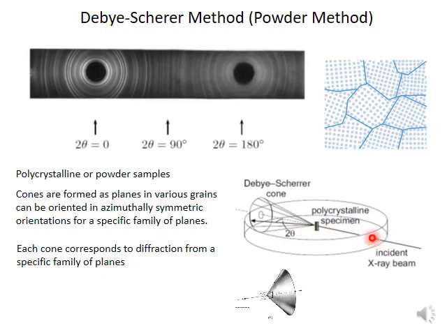So that's why you see these two holes here. One hole represents 2 theta equals 0, and the other represents 2 theta equals 180, and you have all these different diffraction rings.